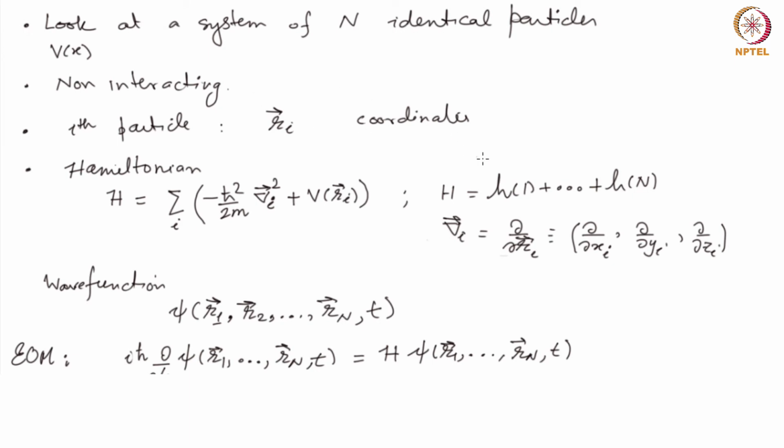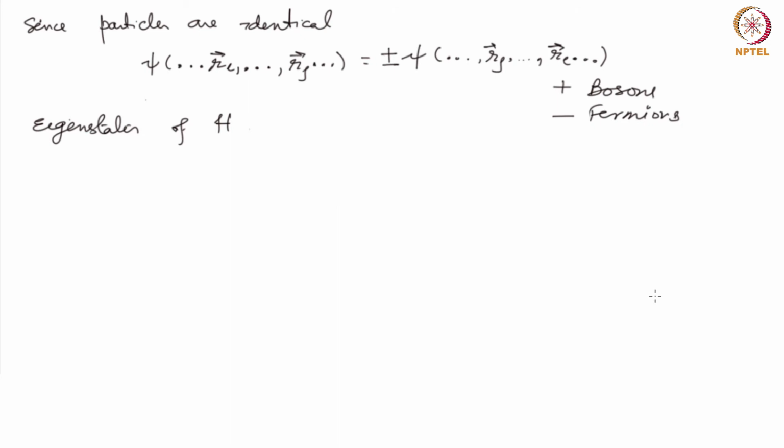If I take this small h, which is the Hamiltonian for particle number 1, and I look at its eigenfunctions, those we were denoting by un. For a single particle, the eigenfunctions we were denoting by un with energy eigenvalue En. That's the eigenfunction that we can use to construct the eigenfunctions of the full Hamiltonian.